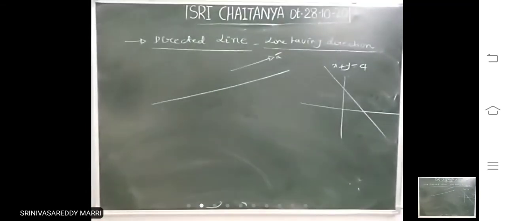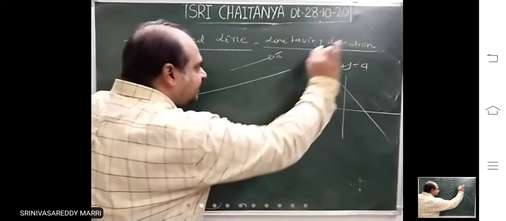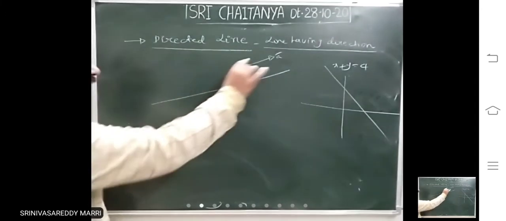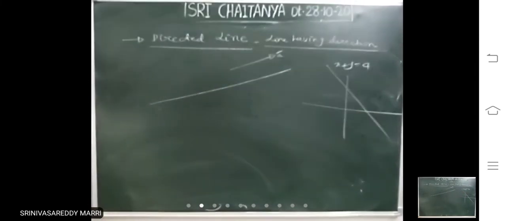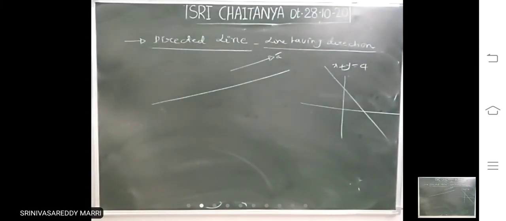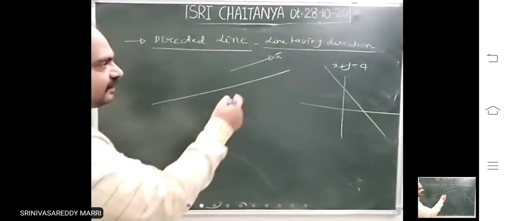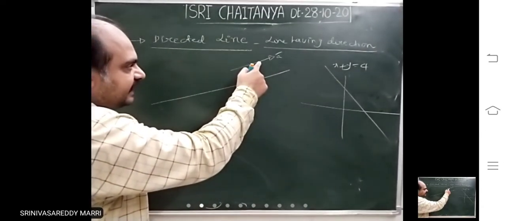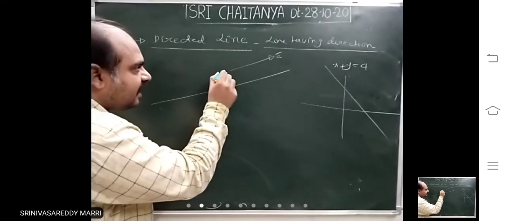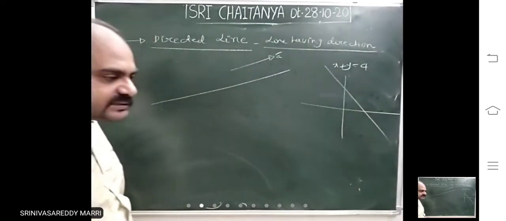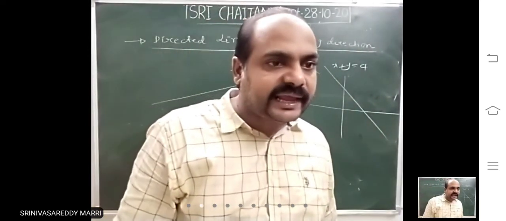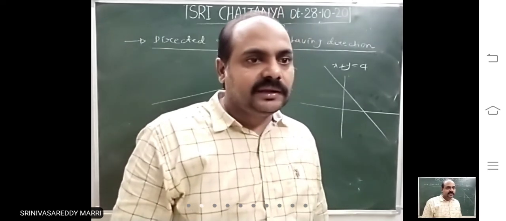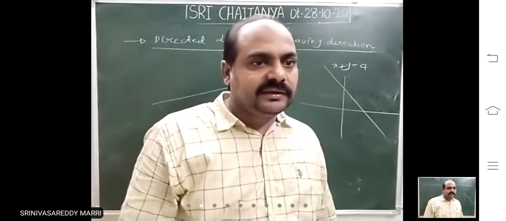I told you to draw the line in the direction of A bar. Then you will draw parallel to that. What is the meaning? There is a vector A bar. Suppose it is northeast direction. I have asked you to draw in the northeast direction from north to east. Then you will draw in that direction only.